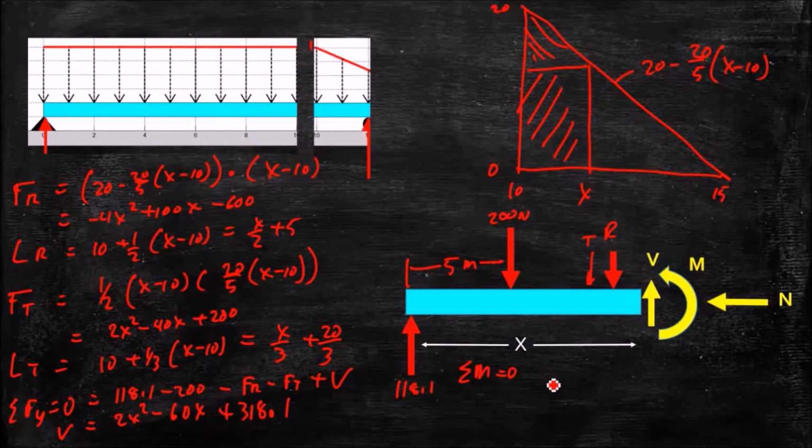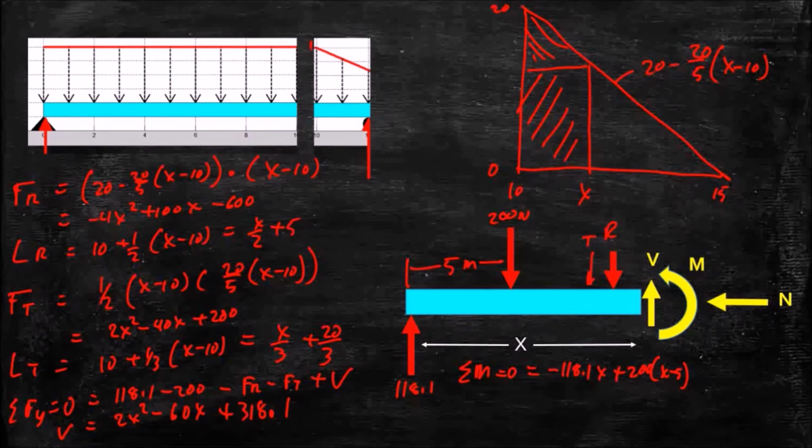And that's equal to minus 118.1 times x, that's the moment from our reaction force, plus 200 times x minus 5. Again, stop the recording and figure that out if that's not obvious.